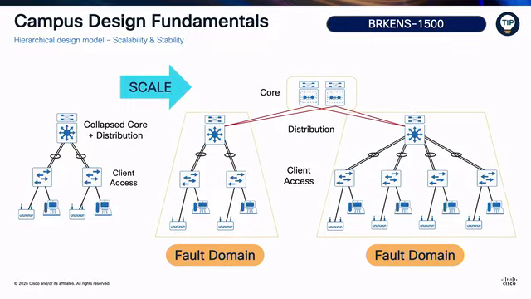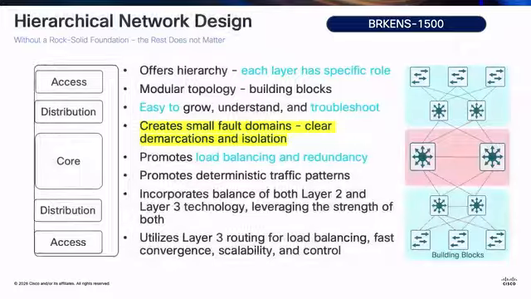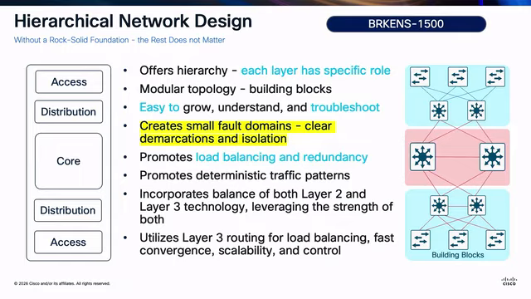At the same time, we are achieving clear demarcation of fault domains because we are able to clearly isolate separate parts of a network. So it's just a thought, but hierarchical orders really work in your favor. So, quick summary of the principles that are guiding multi-layer campus architecture. We are always using the hierarchical build.